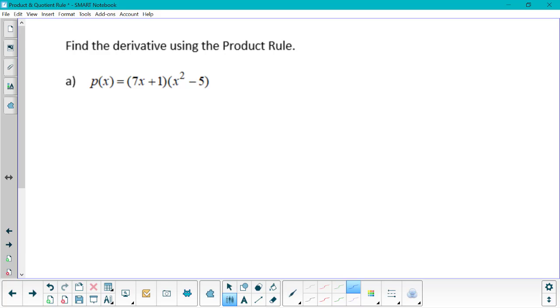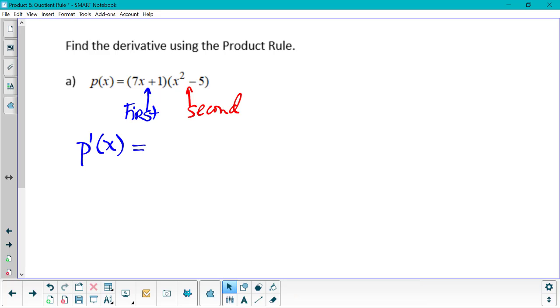Okay, but let's use our product rule because that's what we're trying to learn in practice. All right, so the derivative is p prime of x. Before I do that, I like to talk about my first and second. So this is my first function, 7x plus 1, and my second function is x squared minus 5.